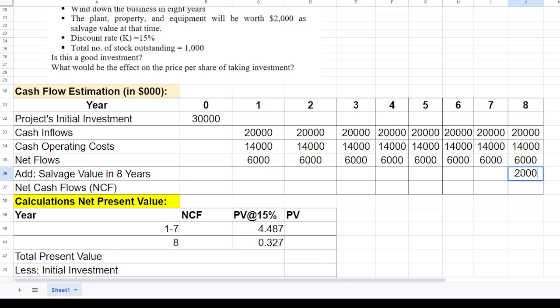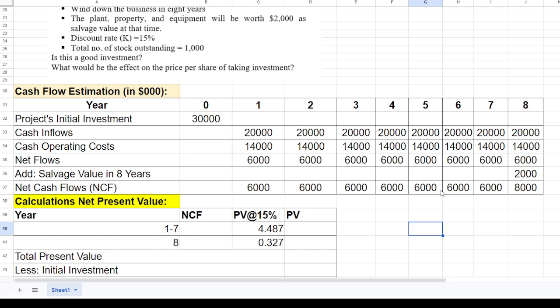That is the 2,000, and that is why the cash flow here would be 6,000, because we don't have any salvage value here. So 6,000, and again this for 7 years, and in year 8 this will be 6,000 plus 2,000, that is 8,000. Okay, now we have simply estimated the cash flow for this project.